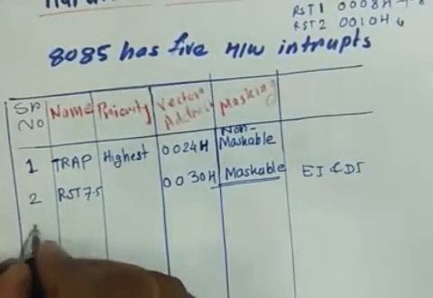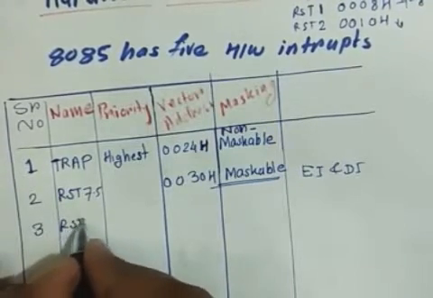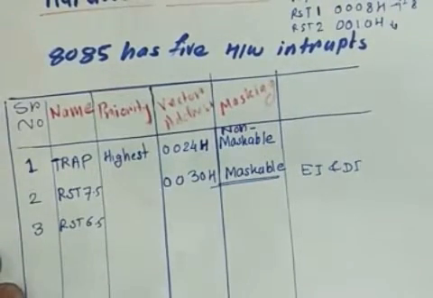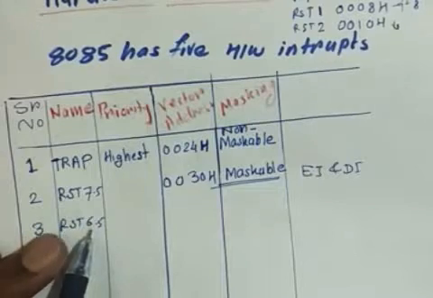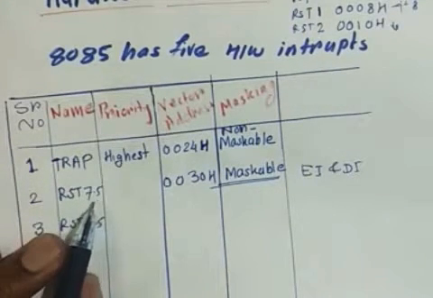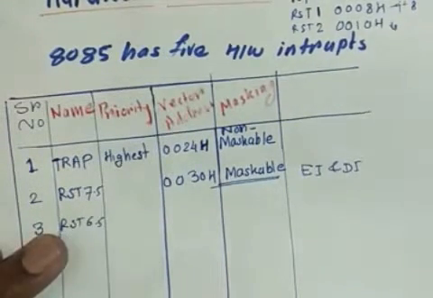The third one is RST 6.5. This RST 6.5 has a priority lower than that of RST 7.5.